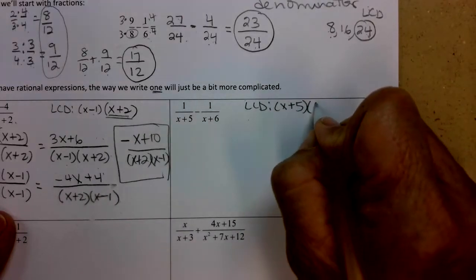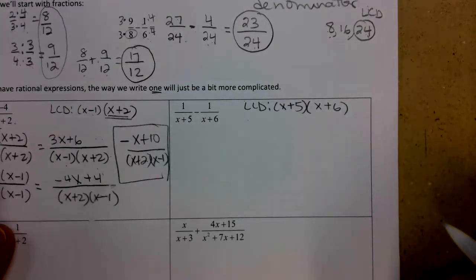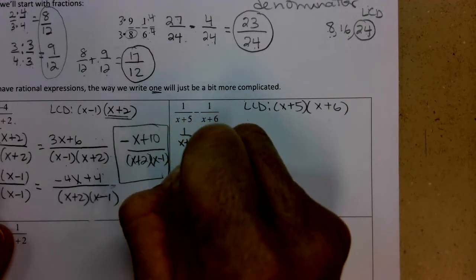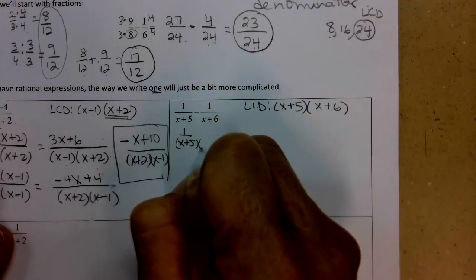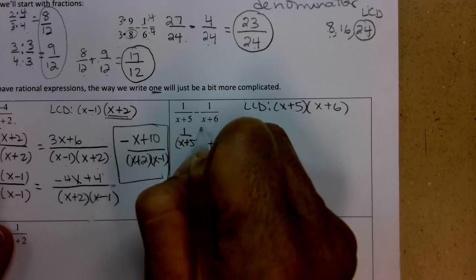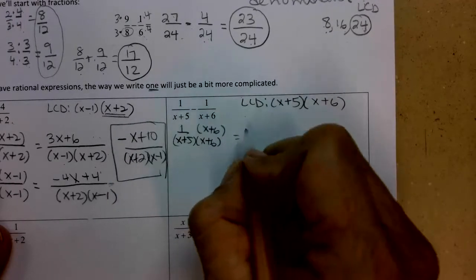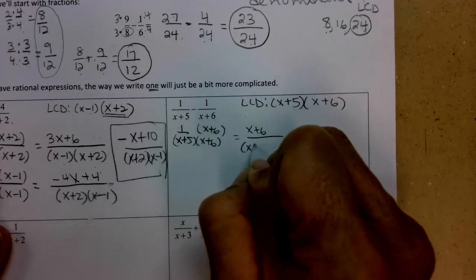So x plus 5 times x plus 6. So the 1 over x plus 5. To get to the common denominator, we need to multiply top and bottom by x plus 6. So 1 times x plus 6 is just x plus 6. And then we have that common denominator.